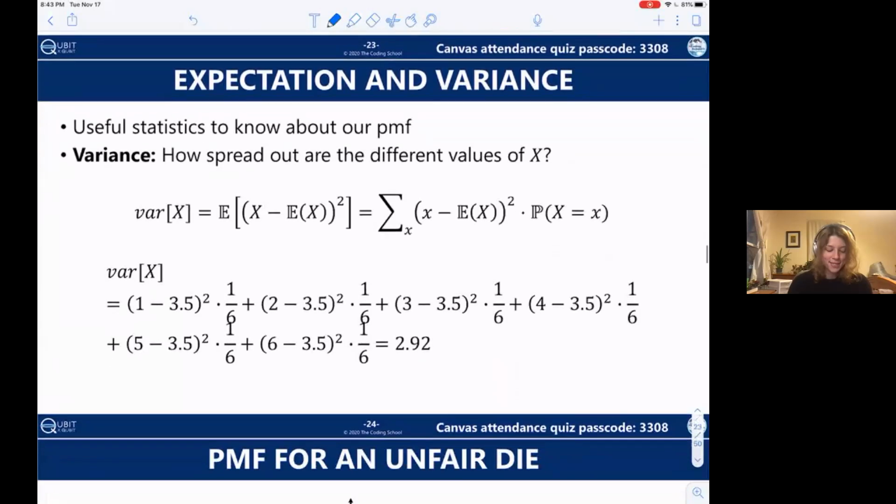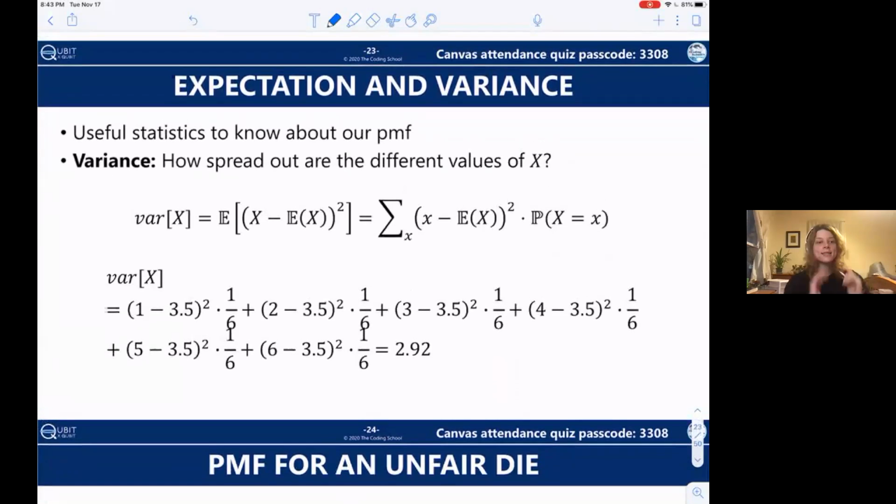Now we're going to go on to the concept of variance, which is trying to describe how much we deviate from our average or expected value. This is the same function as we had before, and then we're additionally taking the expectation of this entire formula.